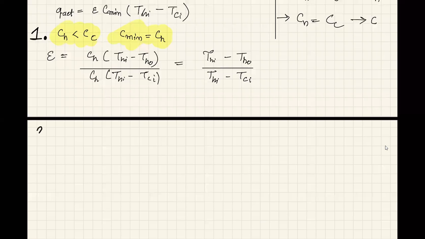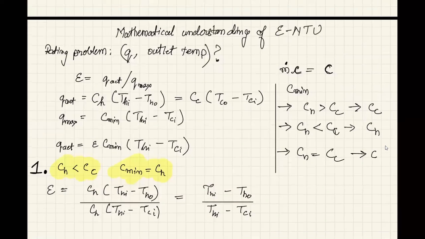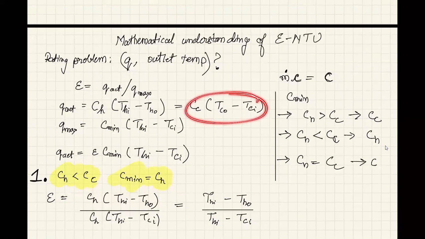So case 2, in this particular case, your CC will be smaller than CH, so our Cmin is CC, and in this particular case the value of epsilon will be given by CC. So now here I will use this particular expression for Q actual, and Cmin will be replaced by CC.